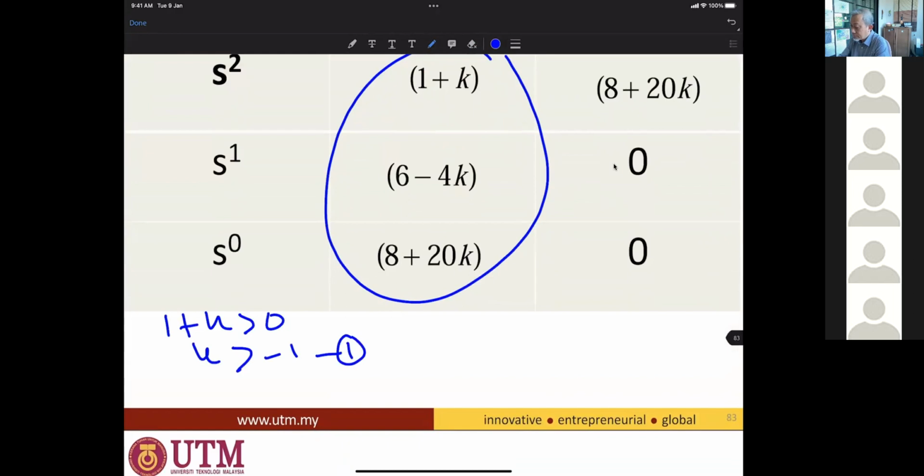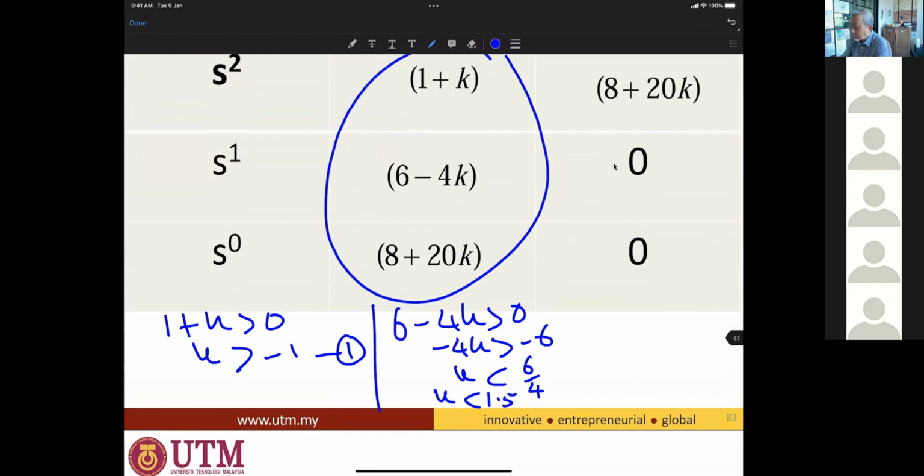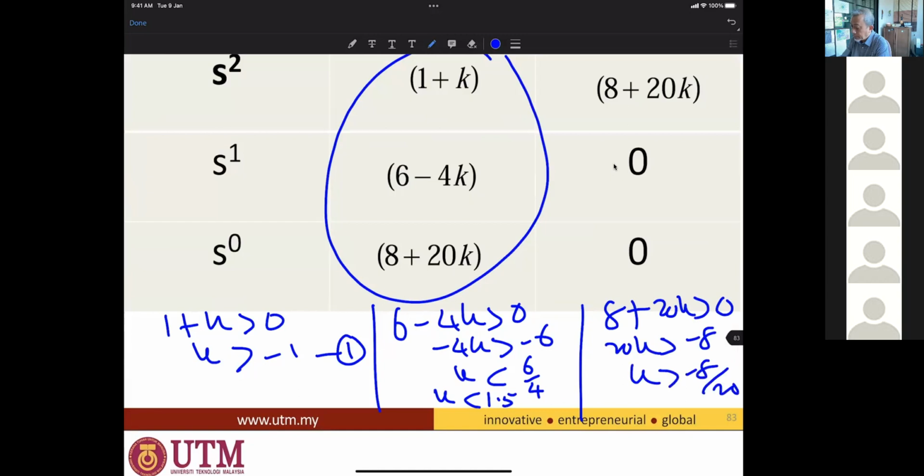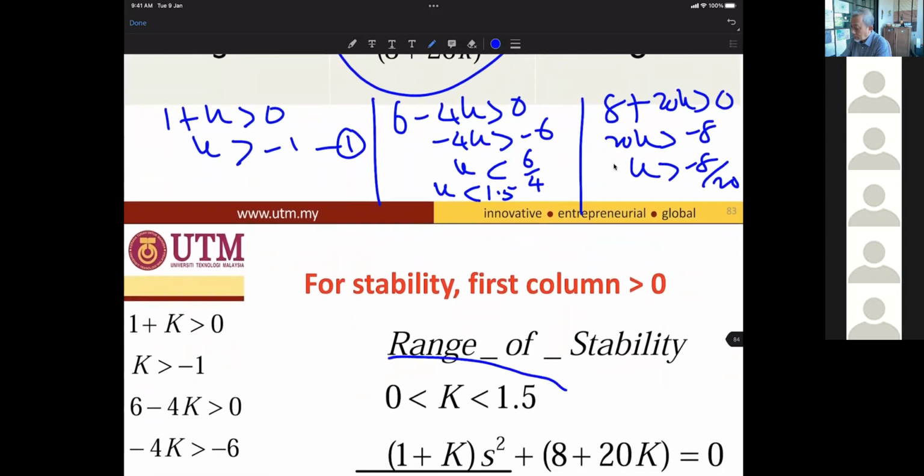Then 6 minus 4k greater than 0, so k less than 6 divided by 4, 1.5 kan? And then 8 plus 20k greater than 0, k greater than minus 8 divided by 20. So basically the range is from 0 to 1.5.